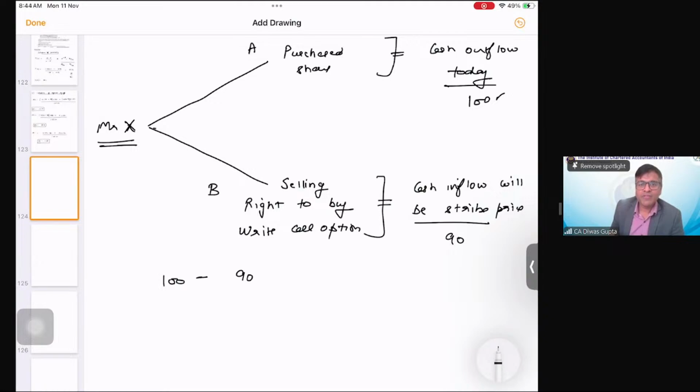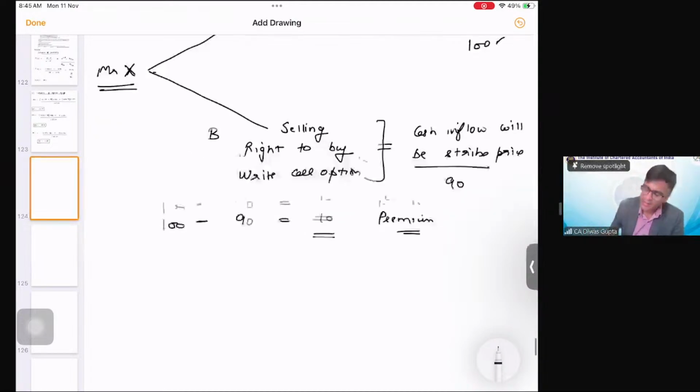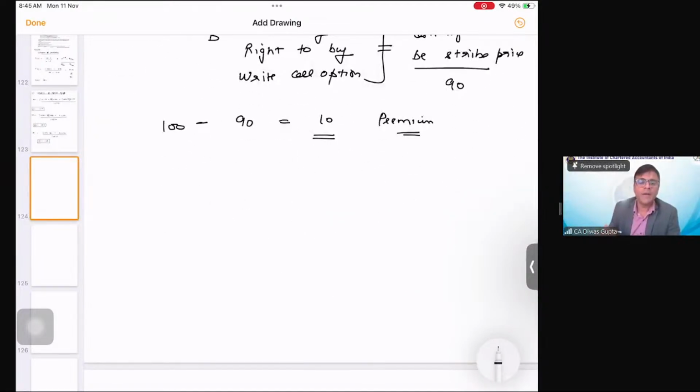So net net I will be falling short of 10 rupees, right? Because I have paid 100 rupees, I have realized 90 rupees. So I should charge this amount, this I have lost, as premium. I'm not saying 10 rupees is the premium, but the way it will work is Mr. X will plot his cash outflows, Mr. X will also plot his cash inflows and accordingly see what is the shortfall in the earnings.